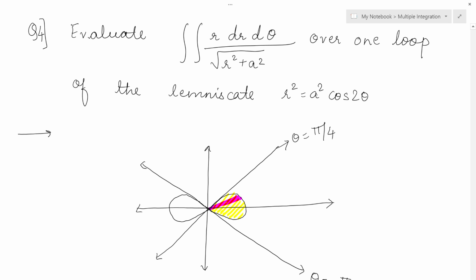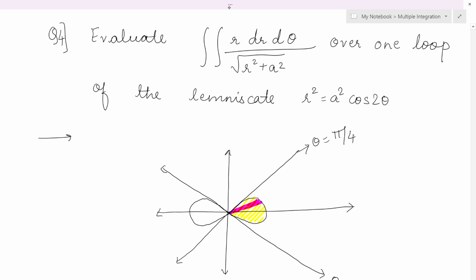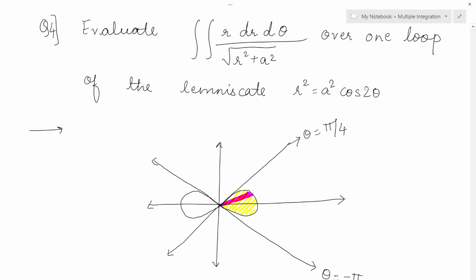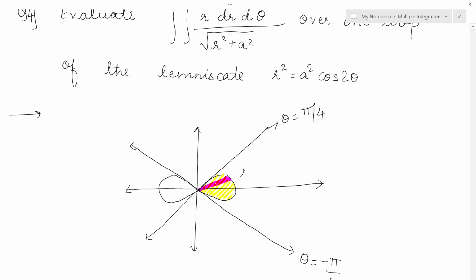This will be my radial strip, and you know that the equation for this lemniscate is r equal to, under root, a cos 2 theta, because the equation is for r square. You will find the equation for r.